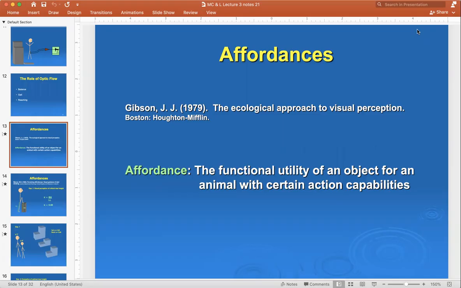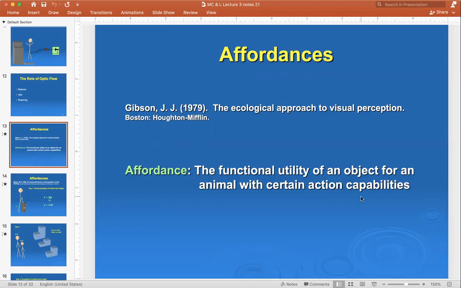Okay, so the affordances, this is an idea from J.J. Gibson that the way people, patients, animals, whatever, view the environment. According to Gibson, people see the functional utility of an object for an animal, that's a person with certain action capabilities.